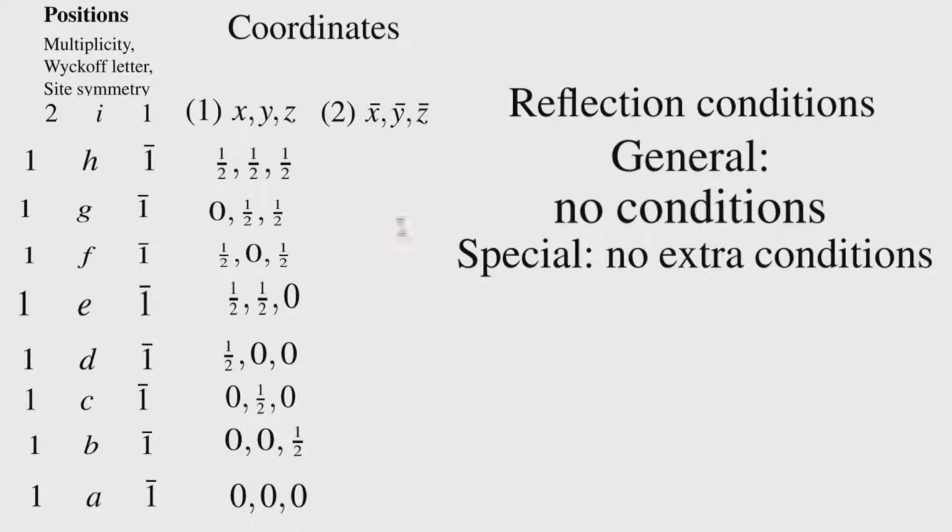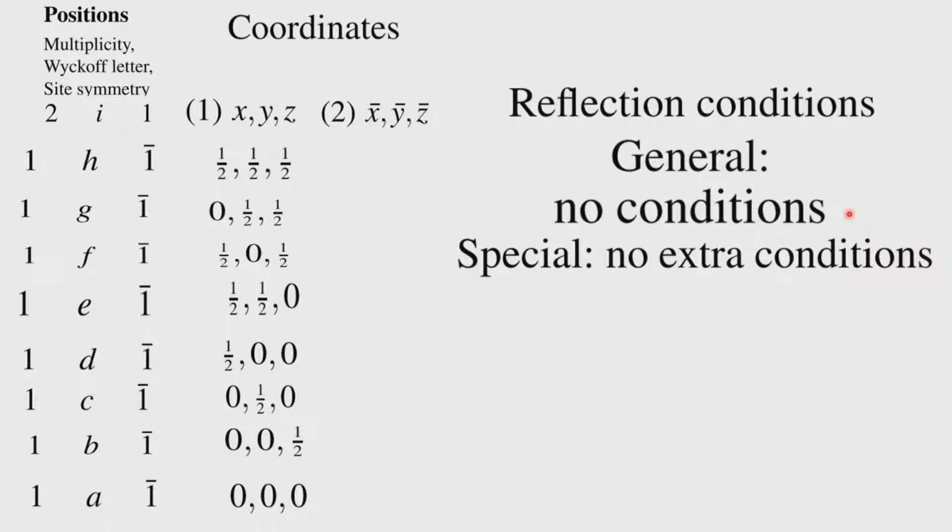What we see is on the right hand side. There is nothing much to discuss in P1 bar because of the reflection conditions. So, what are the conditions in which the reflections occur? This is general, that means these reflections are referred to as the general reflections. The general reflections have no conditions, and as a consequence the special reflections, special positions which are shown here, also have no extra conditions.